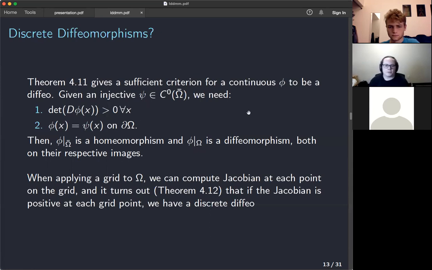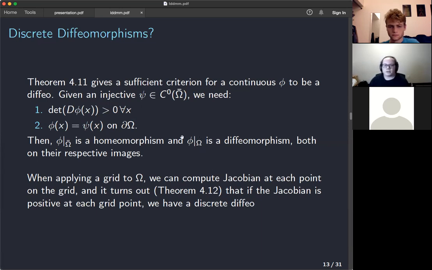For example, given some injection psi, which is C0 on the closure of omega, you need first the Jacobian determinant, det d phi, to be positive for all x. And also we need that phi agrees with psi, our injection, on the boundary. If this happens, then phi on the closure is a homeomorphism, and phi on the interior omega is a diffeomorphism, both on their respective images.